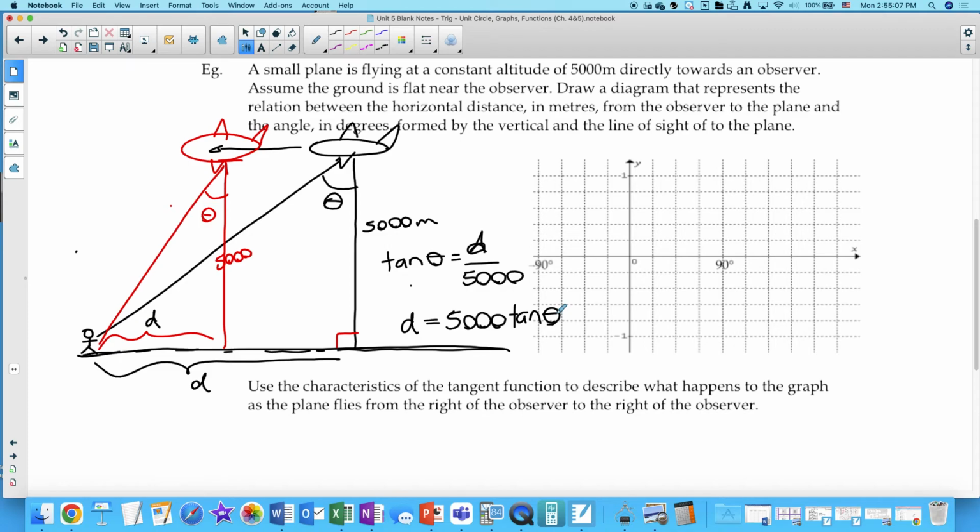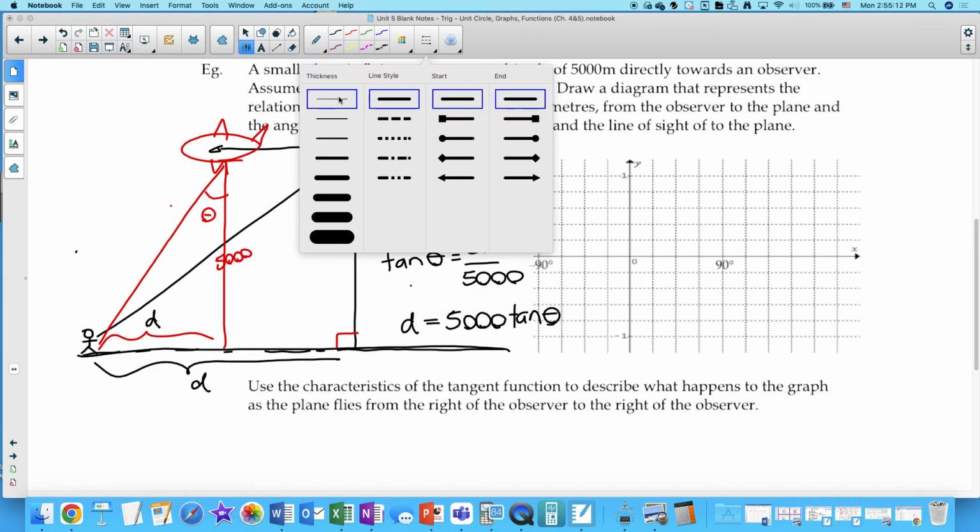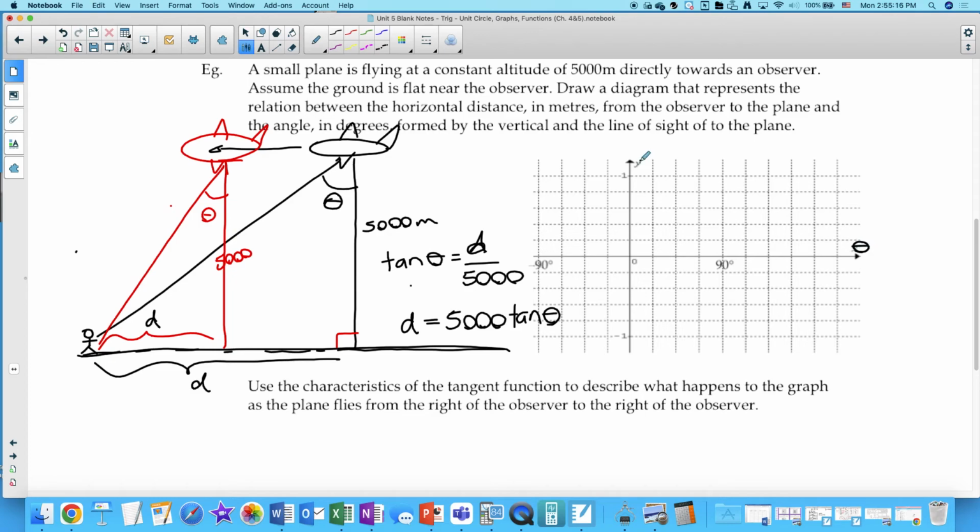And I'm going to change this to theta and this to d, because otherwise I get confused. Now, the scale right now is not conducive to graphing this, because those points 1 and -1 vertically are going to move to 5,000 and -5,000. So I'm going to change this. Let's make it here, 5,000. 3 little squares is 5,000. This is -5,000.